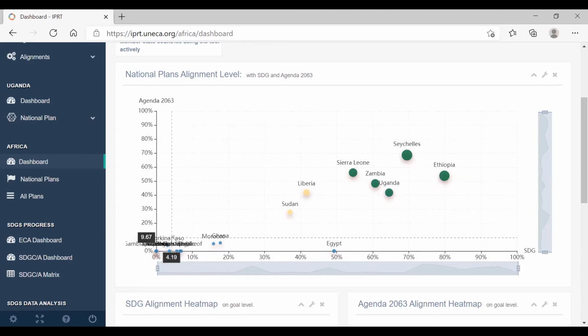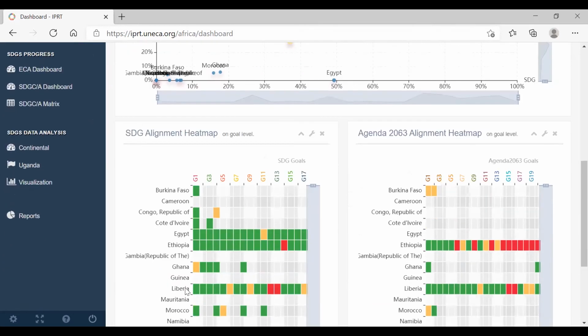If you look at Burkina Faso here, it's weakly aligned, a low level of integration in both Agenda 2063 and Agenda 2030 or SDGs.